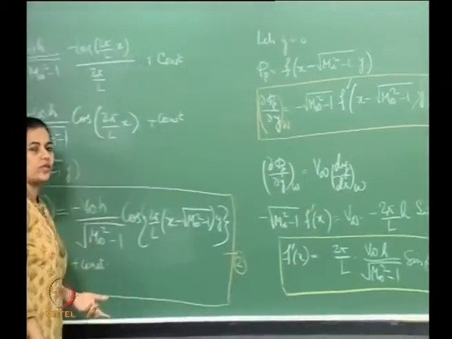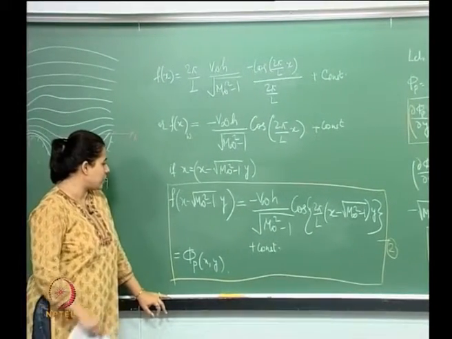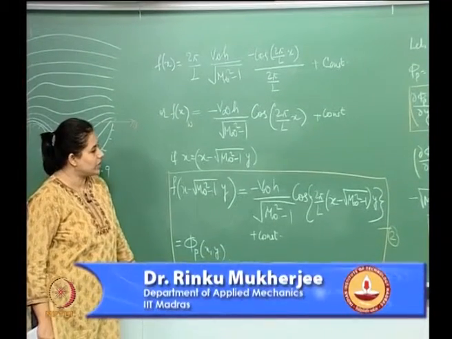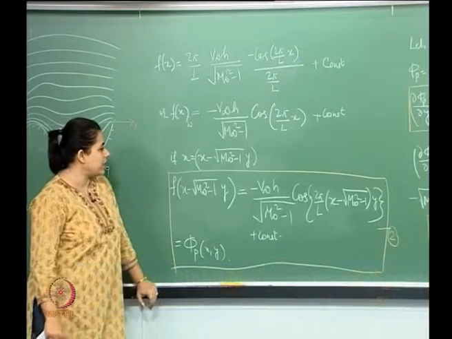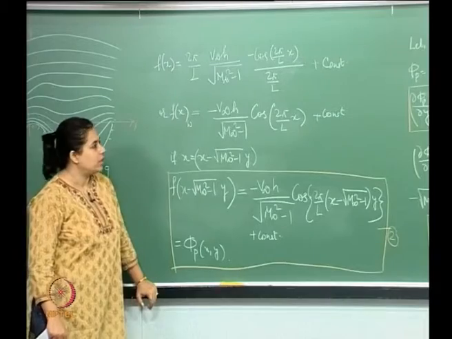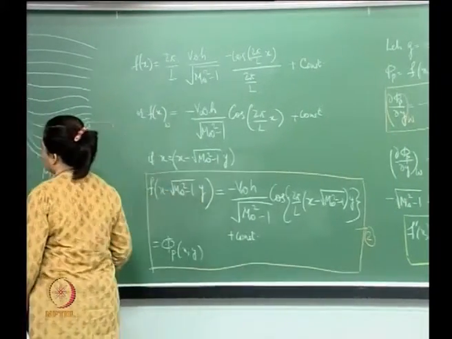We've done that earlier. So now having got an expression for the perturbation velocity potential, what we need now is the coefficient of pressure, the surface pressure coefficient. So let's see how we will go about that.